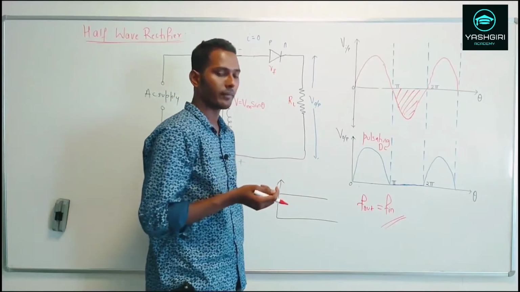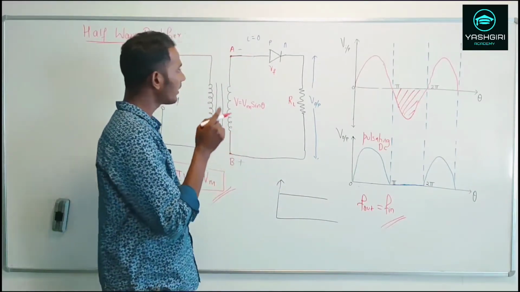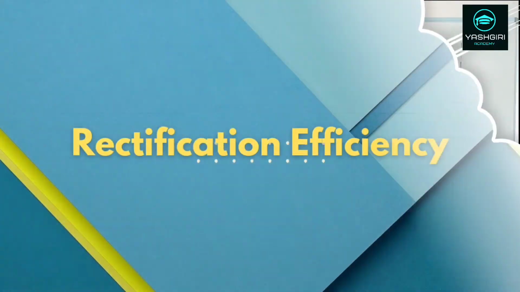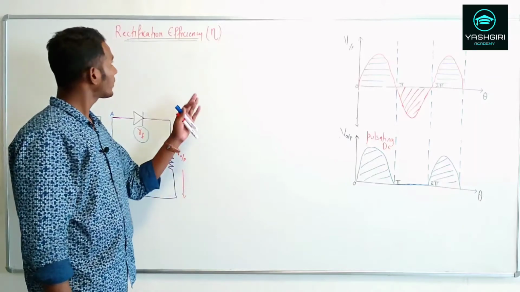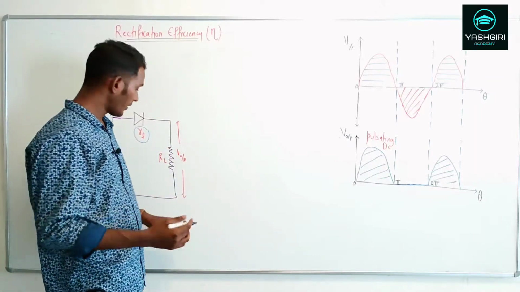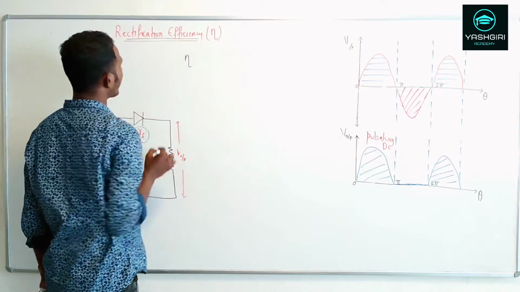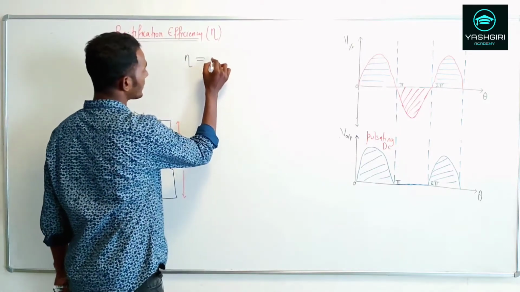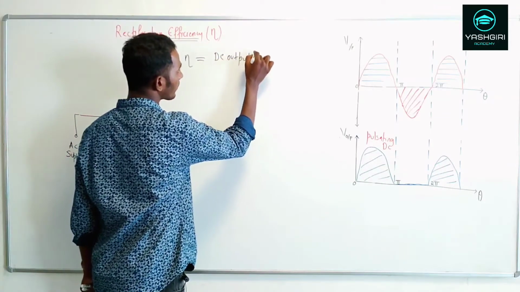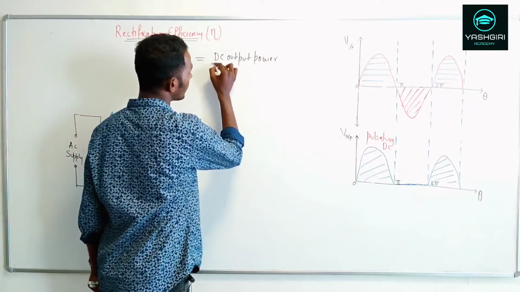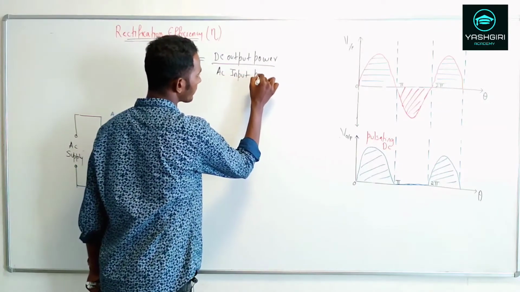So the next thing we do is the efficiency of this half-wave rectifier. Now let's try to calculate the rectification efficiency of a half-wave rectifier. So we have eta, that is your rectification efficiency symbol, which is equal to the ratio of the DC output power to the AC input power.